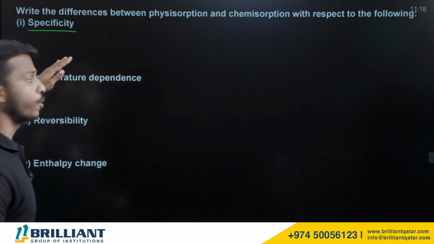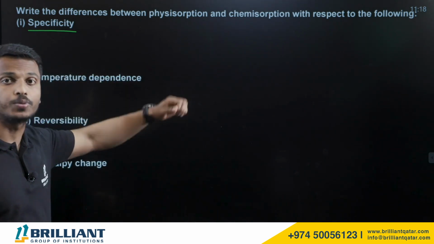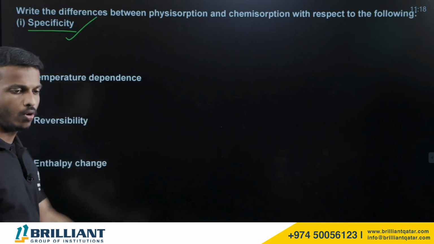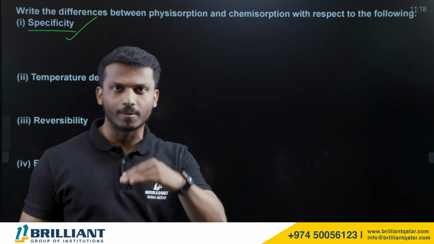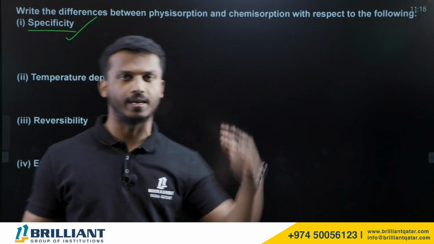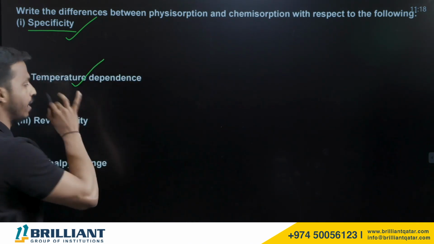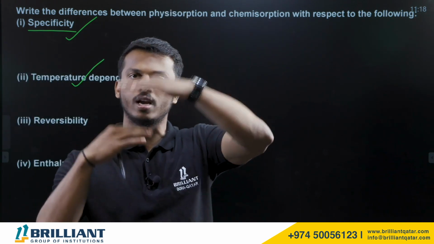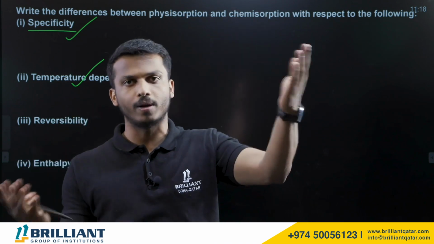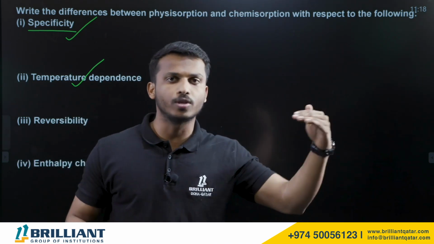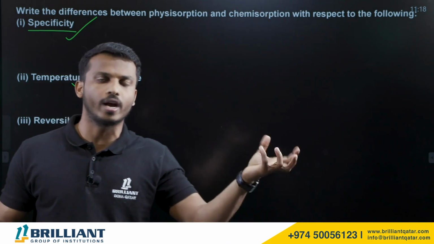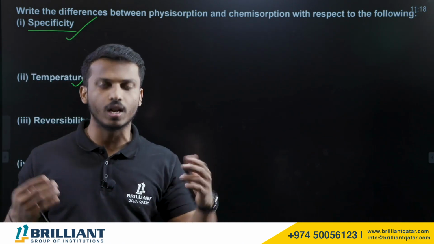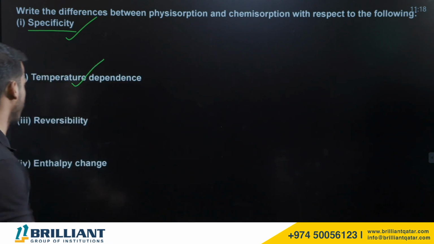Temperature dependence: physisorption favors low temperature, chemisorption normally favors high temperature. Reversibility: physisorption is reversible because the bond is weak, so adsorption and desorption can happen. But chemisorption forms a new product, so a reverse reaction is not possible. Physisorption is reversible, chemisorption is irreversible.